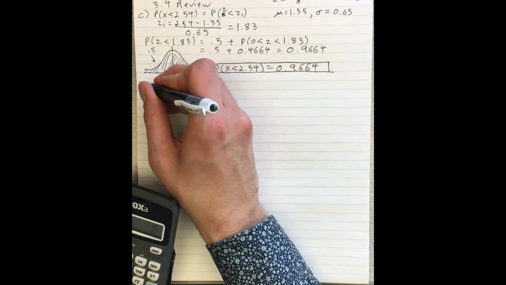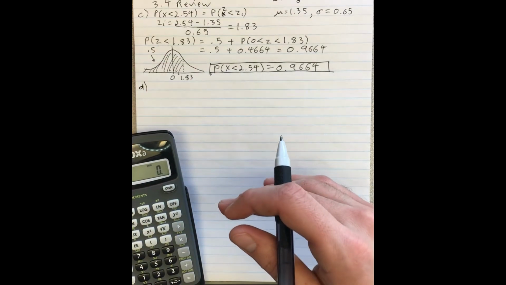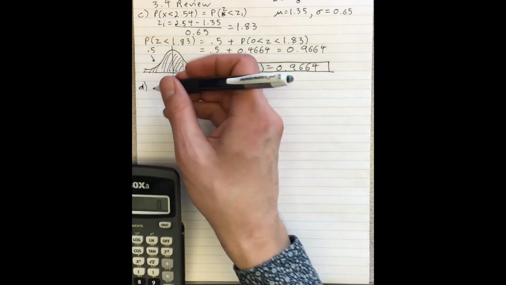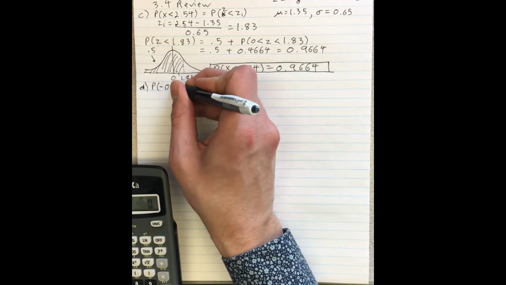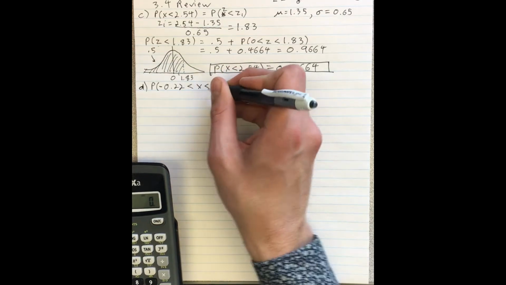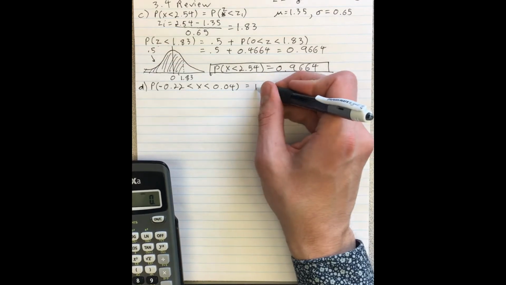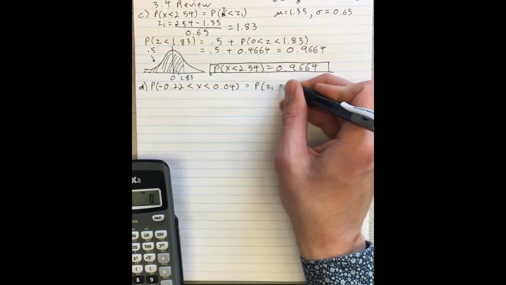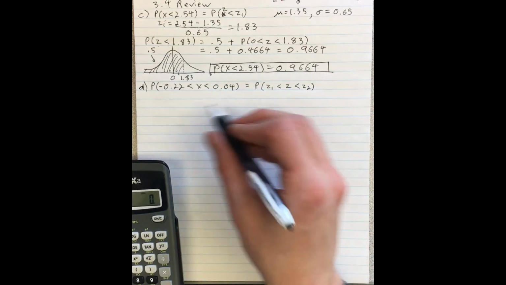Let's do question D, and this will be the last one because that's the last one in question 3. This is the probability that negative 0.22 is less than x is less than 0.04. Same deal. This is equal to the probability that z1 is less than z is less than z2, or that z is between those two values.